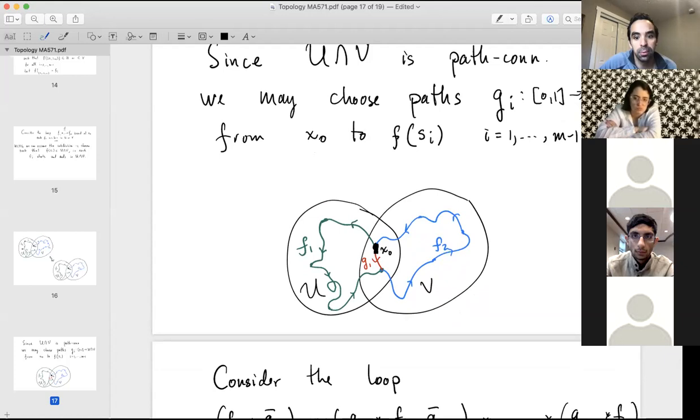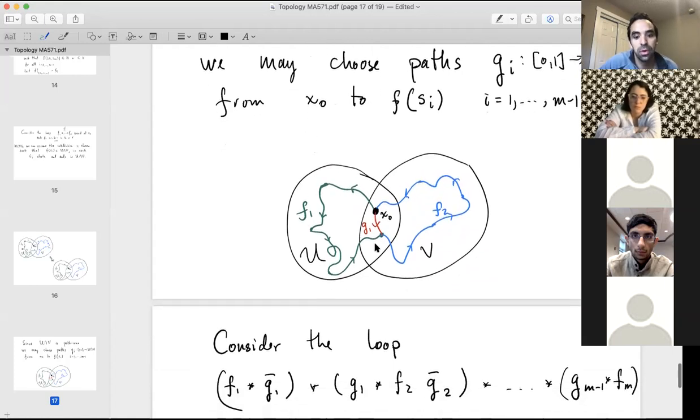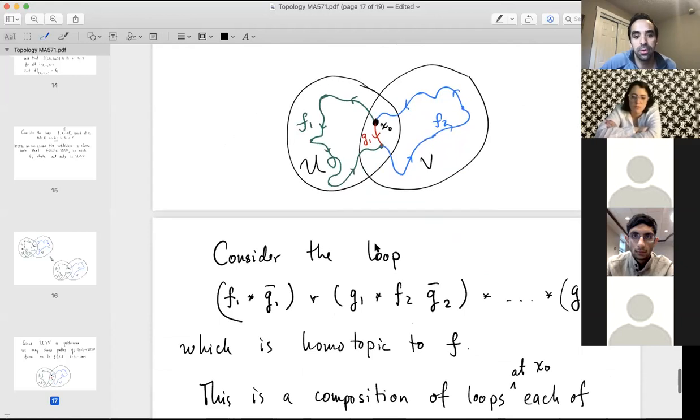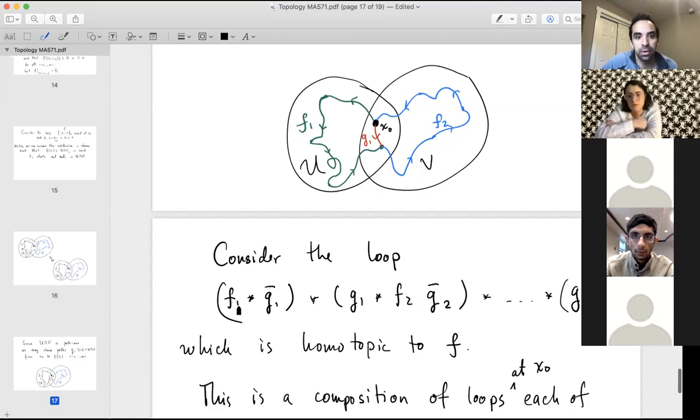Those are 2 loops based at X0, each contained in U or in V. So in general, the new loop looks like that. You do F1 first, you get to the endpoint of F1, and then you apply G1 backwards, which connects you to X0. Then you do G1 forward, and you follow by F2.